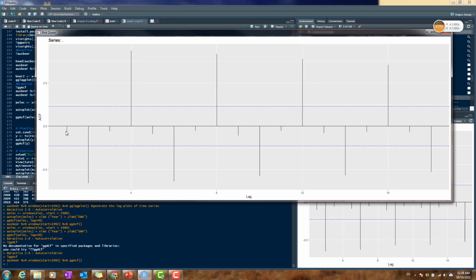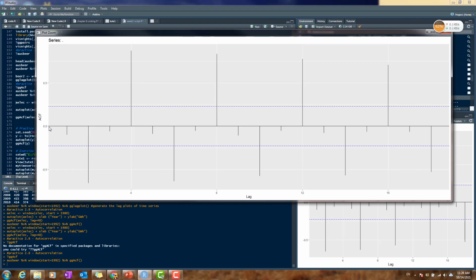In the first lag, the current data doesn't have a very strong correlation, even a negative one, but it's not strong. You can see the dashed blue line. If a bar is smaller than this limit, the relationship is not significant. But if it goes beyond the interval, they are significantly correlated.